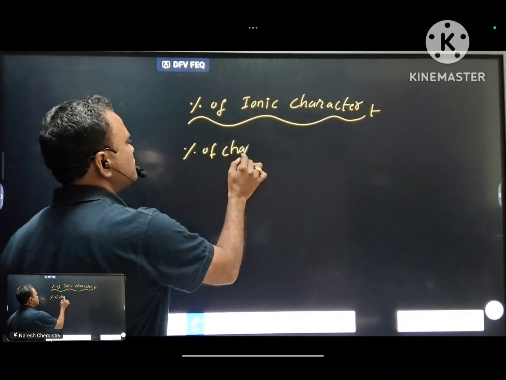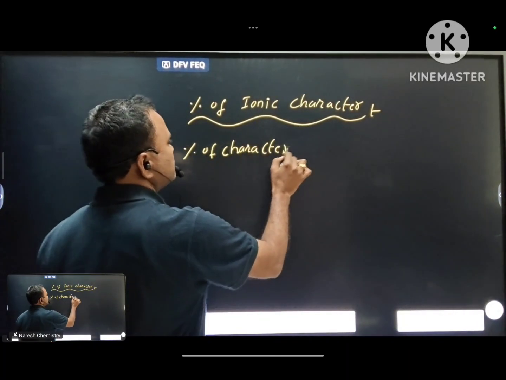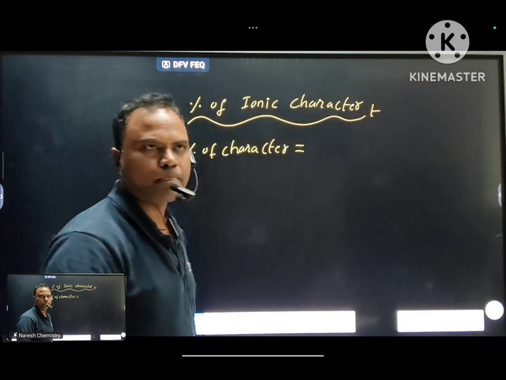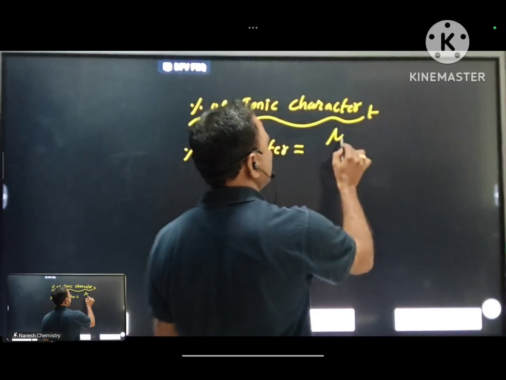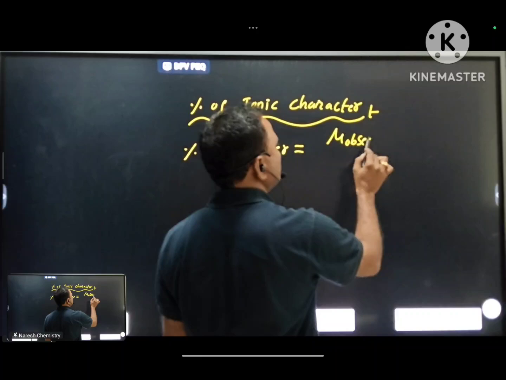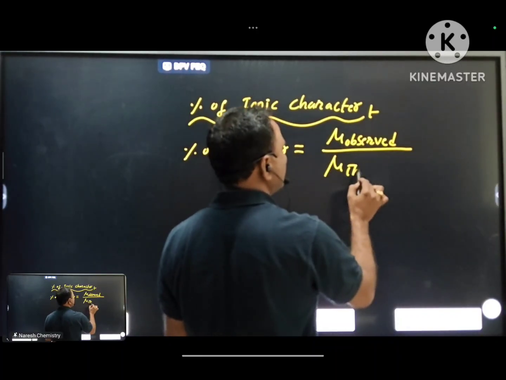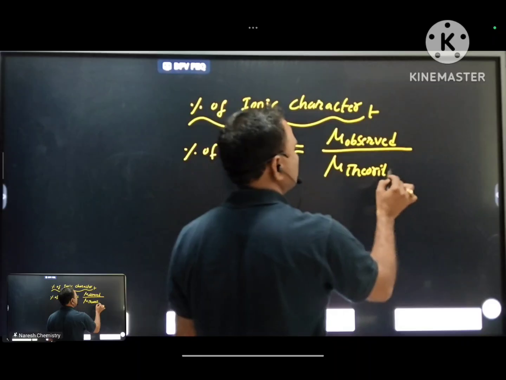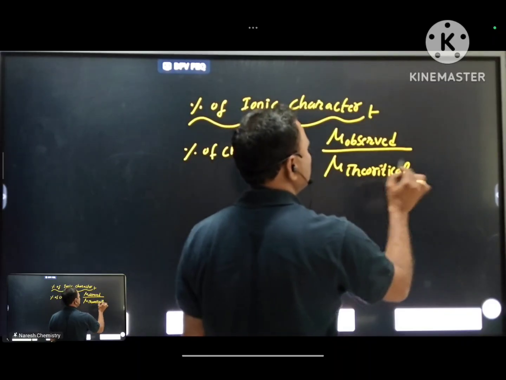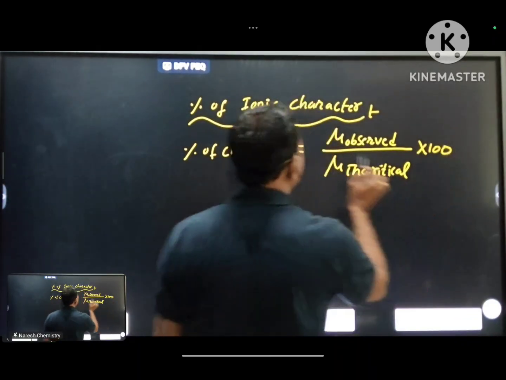Percentage of ionic character is equal to mu observed dipole moment by mu theoretical dipole moment into 100.